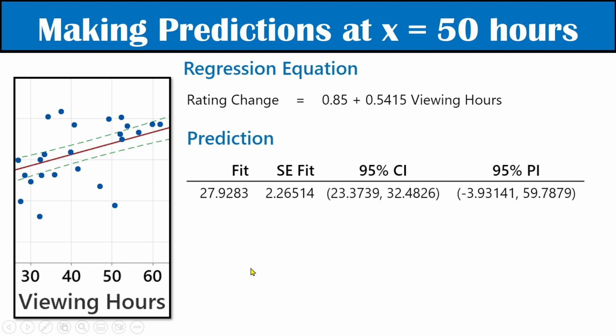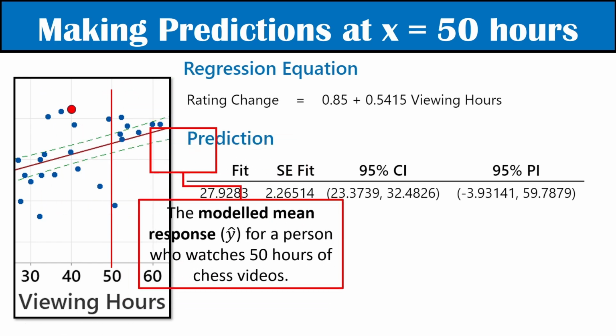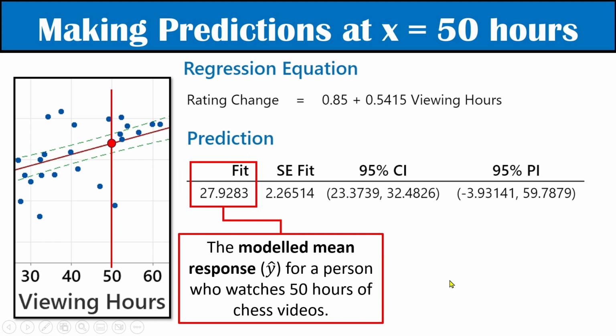So what we're going to look at here is 50 hours. At 50 hours, there is a predicted population mean response, which is right there on the line. That predicted population mean response is 27.9283. That's the modeled mean response for a person who watches 50 hours of chess videos. So that's our estimate of the actual population mean response.